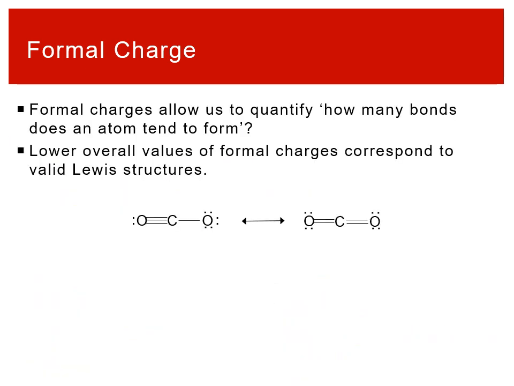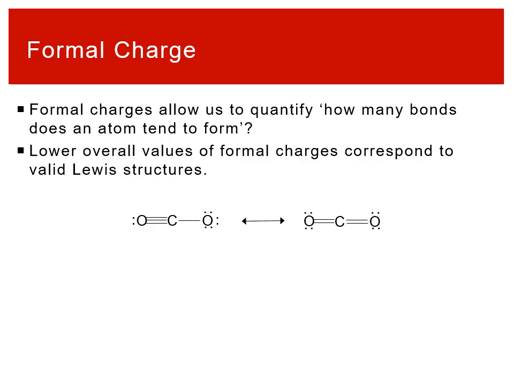Okay, so formal charge, the motivation, if we return, was the idea we were looking at resonance structures. And with formal charge, we wanted to answer the question of how many bonds an atom tends to form. And that's exactly what formal charge looks at. One of the things it lets us do is quantify which Lewis structures, which resonance structures, give us the best representation of the expected bonding.